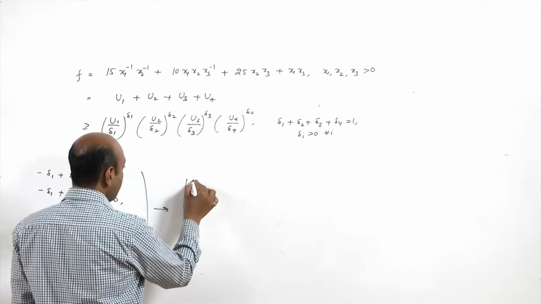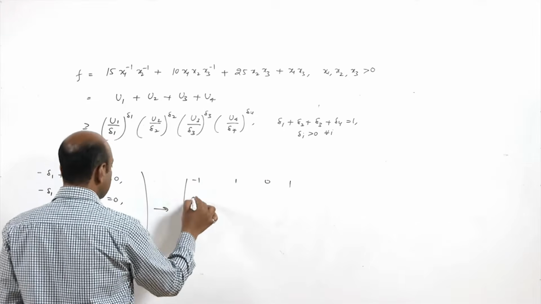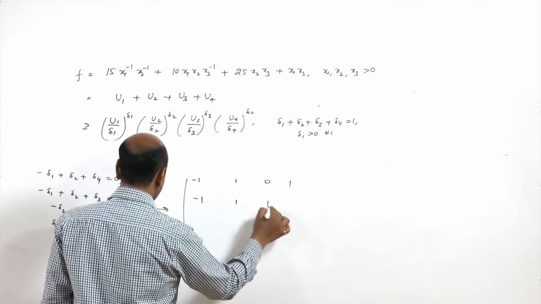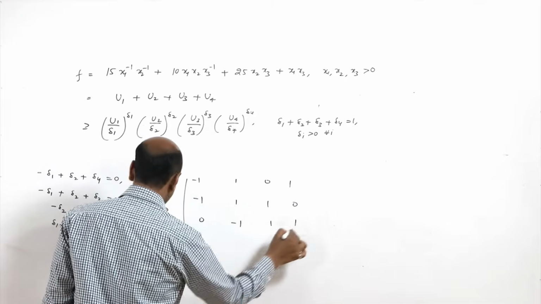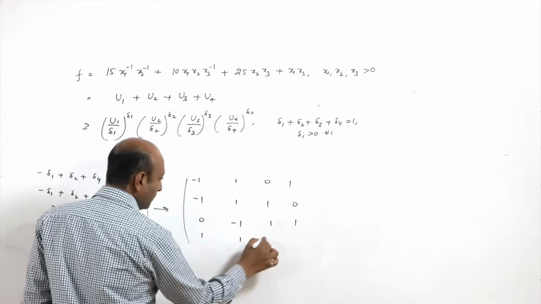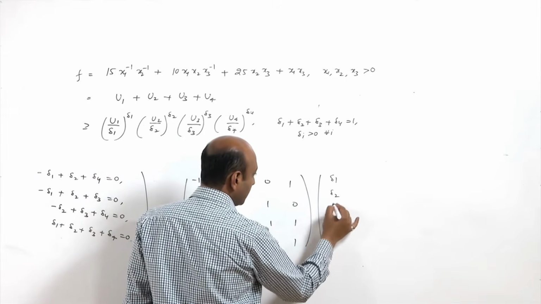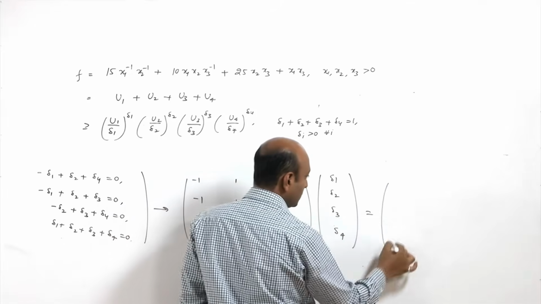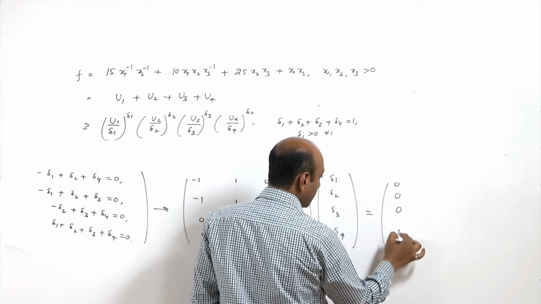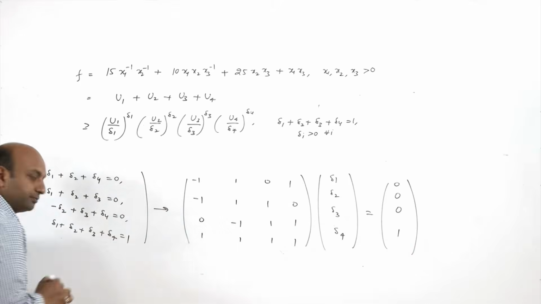The matrix will be minus 1, 1, 0, 1; minus 1, 1, 1, 0; 0, minus 1, 1, 1; 1, 1, 1, 1, and the variables are delta 1, delta 2, delta 3, delta 4, equal to 0, 0, 0, 1.